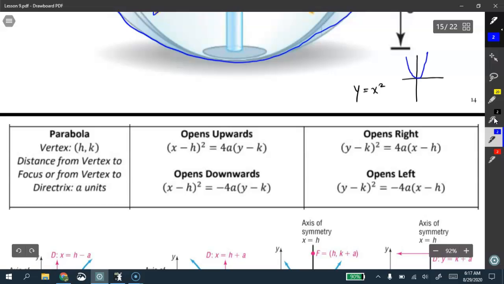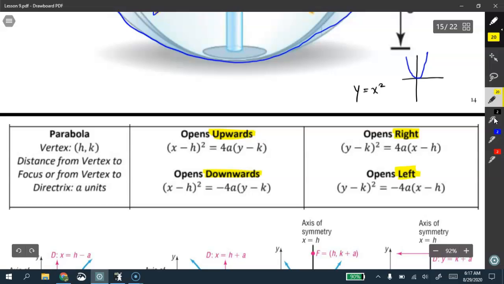And you've learned to transform that parabola in different ways. In this lesson, what you'll notice is that this same parabola can open upwards, it can open downwards, it can open right, and it can open left.